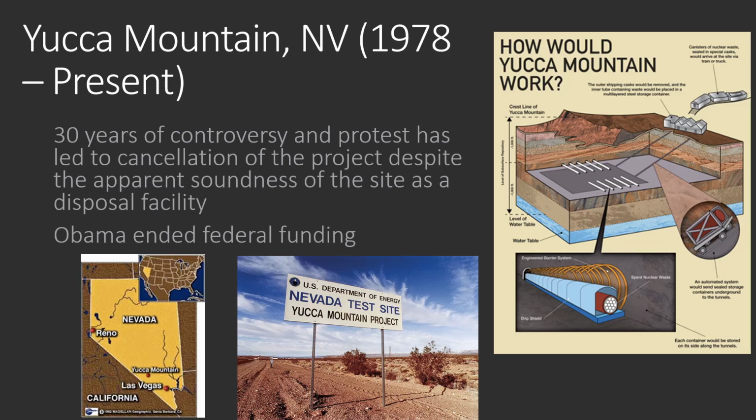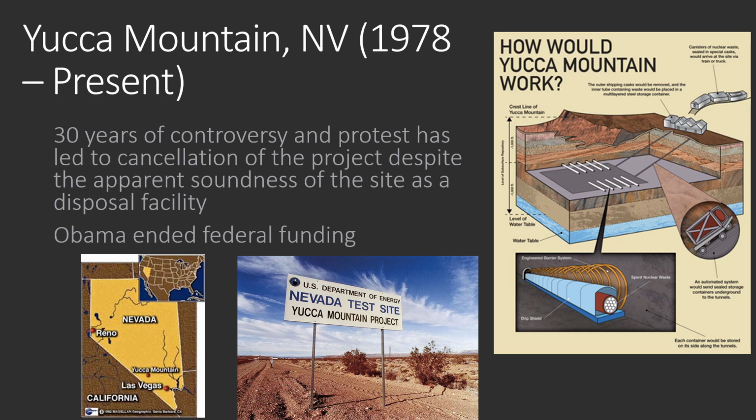So another solution is Yucca Mountain, which we can relate to because we live in Nevada. Yucca Mountain is located northwest of Las Vegas. There have been 30 years of this project happening, but it has been canceled because of many protests and congressional opposition.